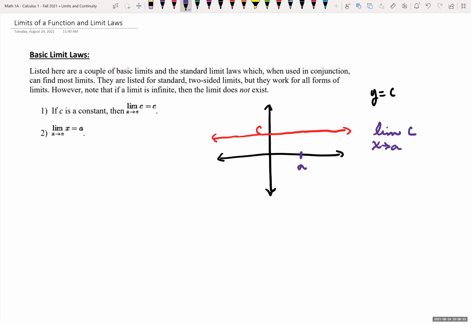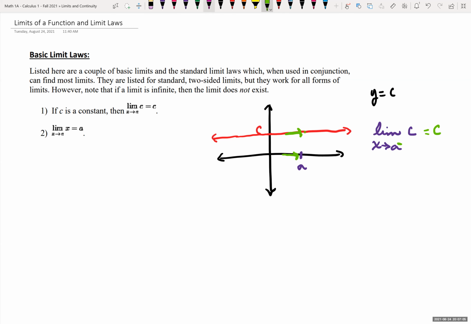And so if we are looking at the limit as x is approaching a, remember we're looking at what's happening as we get closer and closer to the x value equals a on the left, what's happening to that y value. And so notice as we're getting closer and closer to a on the left, the y value that we're getting closer and closer to is equal to c. We denoted that with the little negative exponent, and this was equal to c.